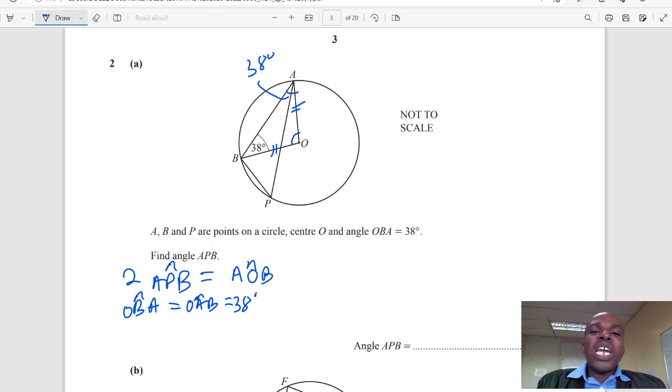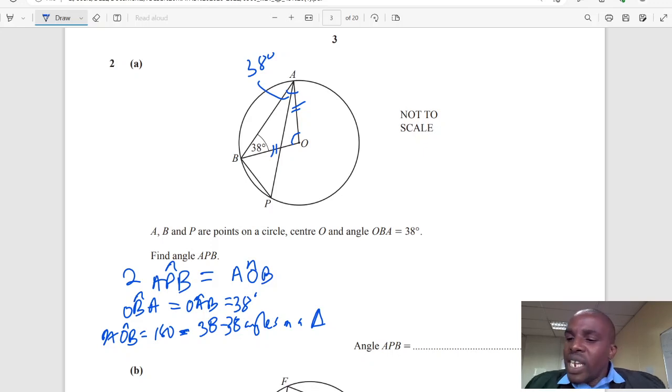So you can use angles in a triangle to find angle AOB. So AOB is equal to 180 minus 38 minus 38. Reason: angles in a triangle. It's 104. So this angle is 104 degrees.